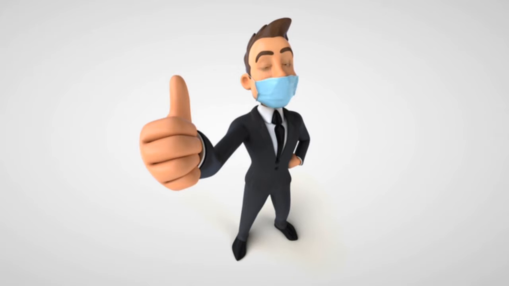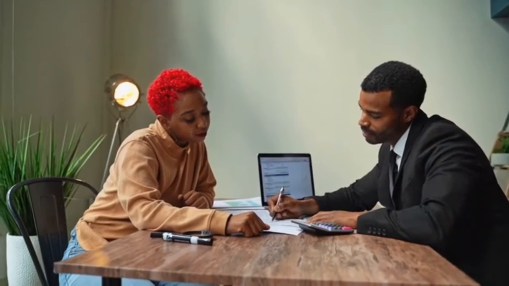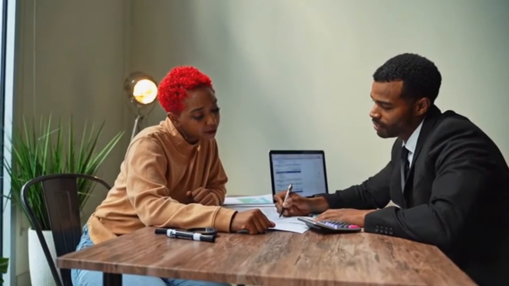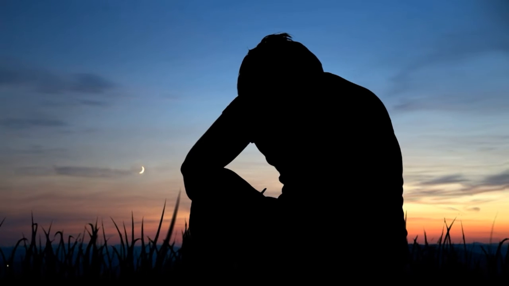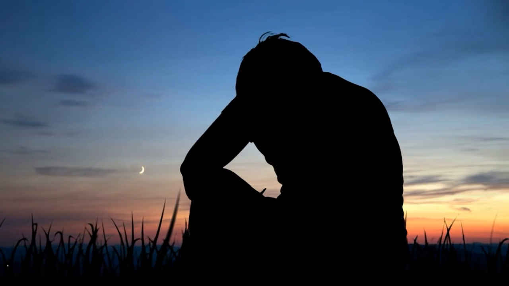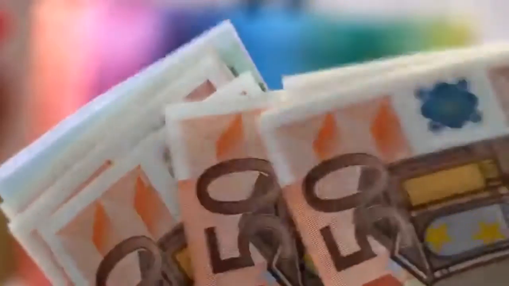There are two more divisions, and that is doubtful asset. Again it is the same scenario, but here the time span increased. The customer is still unable to repay the amount and the time span is greater than 12 months, then it would be considered a doubtful asset. Then the bank is in a dilemma whether they will get this amount back or not. That's why it is considered a doubtful asset.